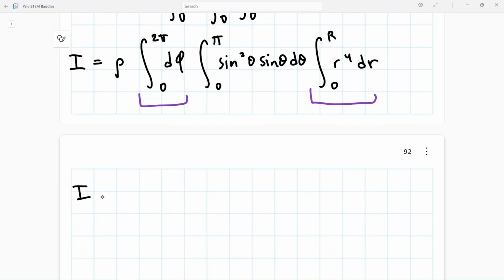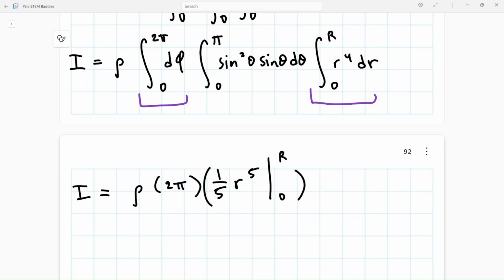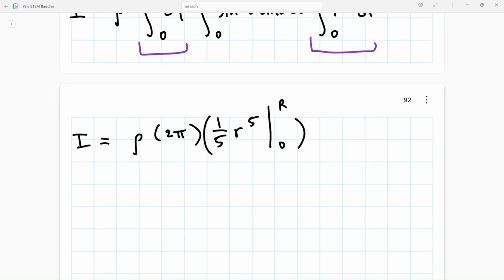I can just do them now. So I know that the integral of d phi from 0 to 2 pi is just 2 pi, and the integral of r to the power 4 is 1/5 r to the power 5, evaluated from 0 to big R. Well, that's also easy. I can just go ahead and plug in an R here. That's all that is.